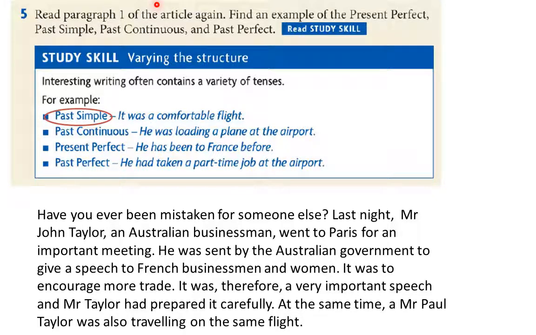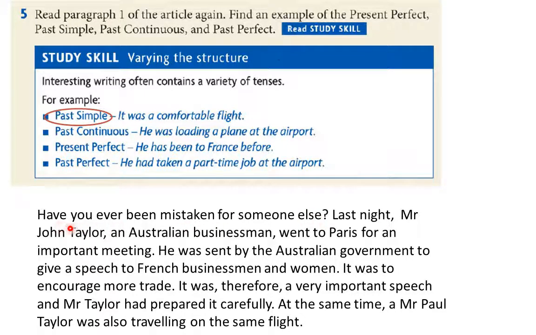Now, let's go back to exercise number 5. Read paragraph 1 of the article again, which is this one. Find an example of the present perfect, past simple, past continuous, and past perfect. Let us read it together. Have you ever been mistaken for someone else?